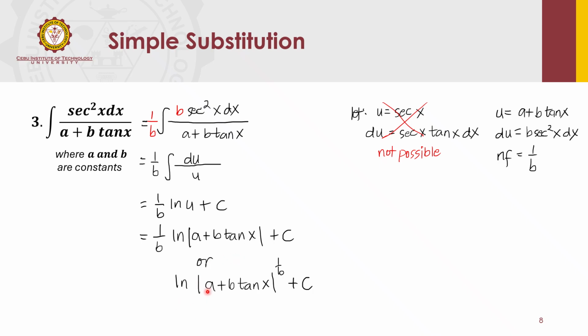Okay, so is this acceptable? If you still like it, then go ahead, as long as the transformation is correct. So therefore, the value of this indefinite integral is 1 over b times ln of a plus b tangent of x plus c.